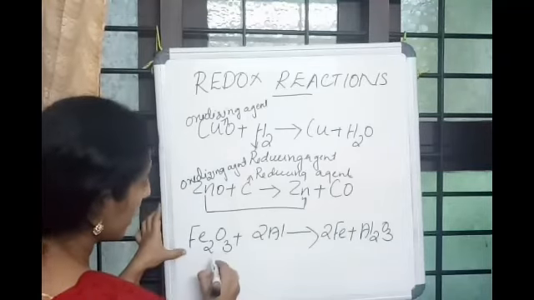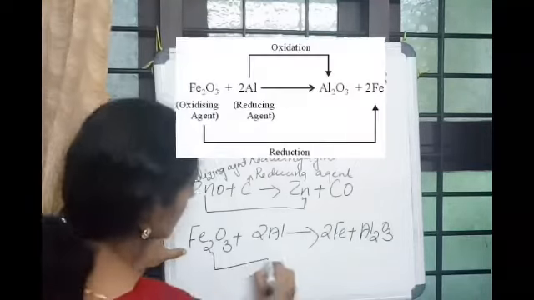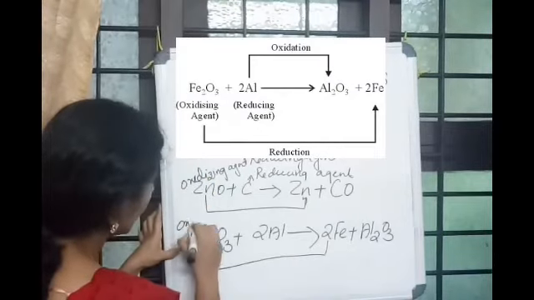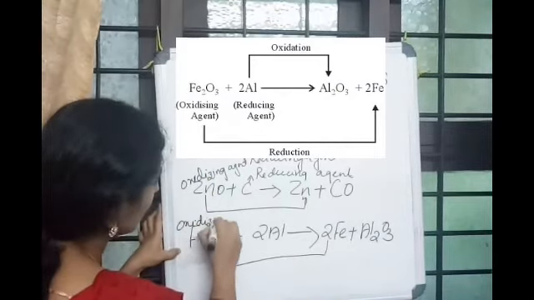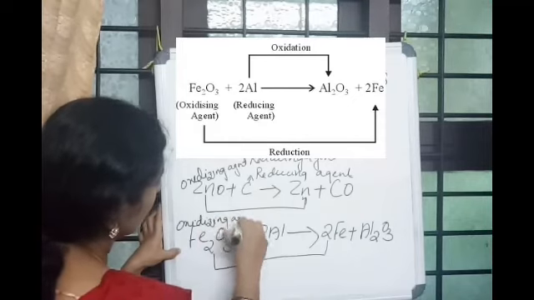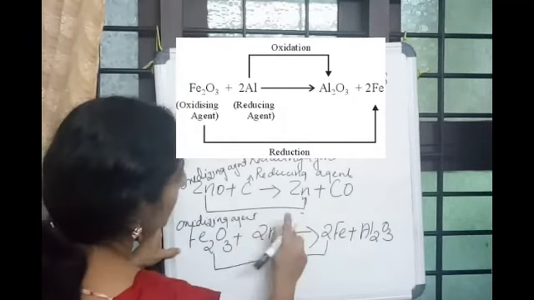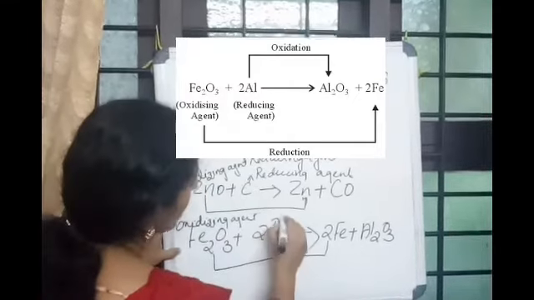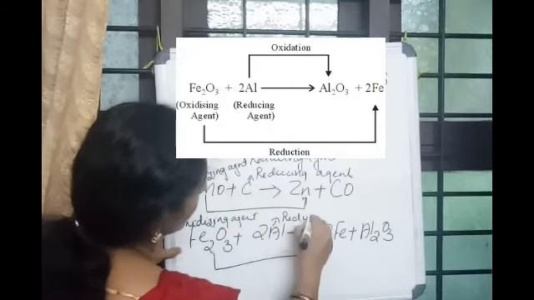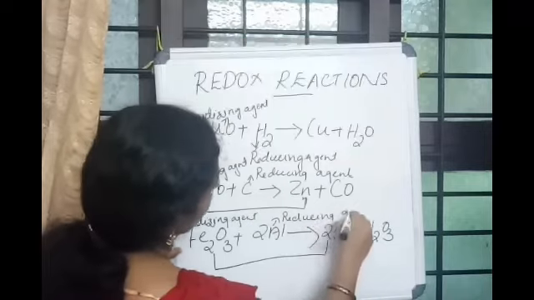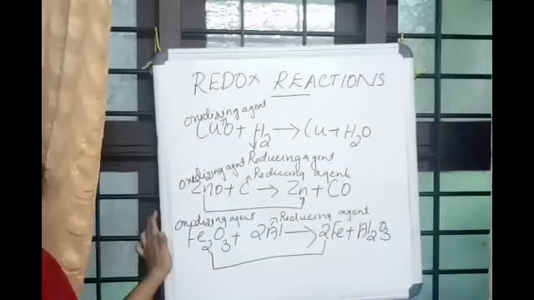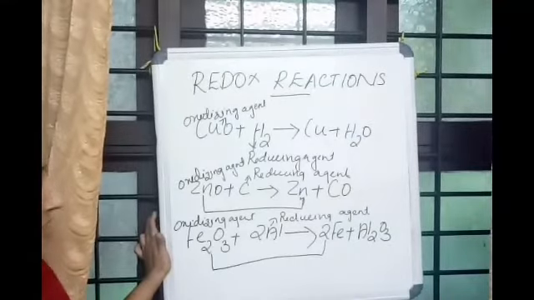Fe2O3 loses oxygen, so it is the oxidizing agent. Aluminium gains oxygen, so it is the reducing agent. Okay, is that clear? Yes.